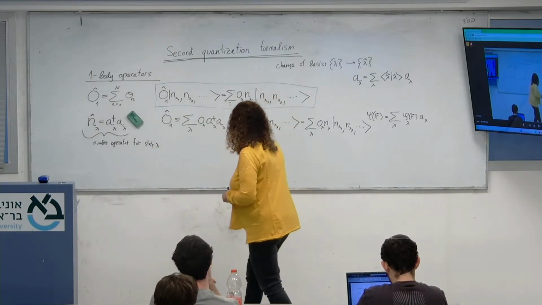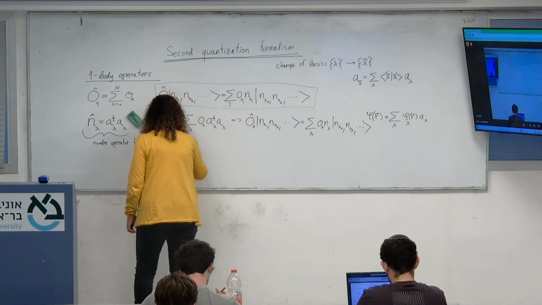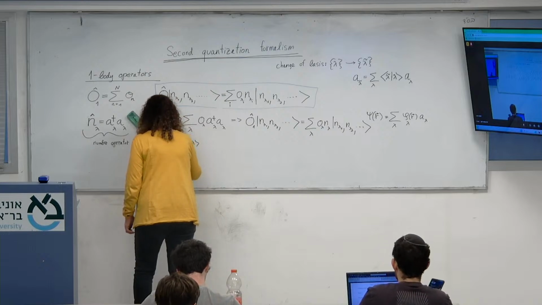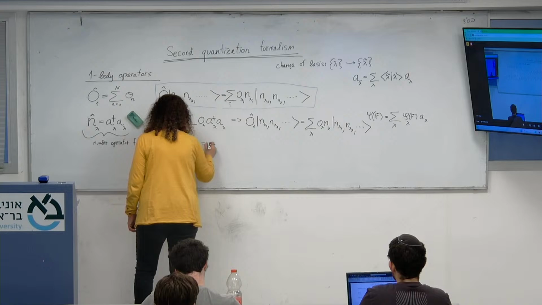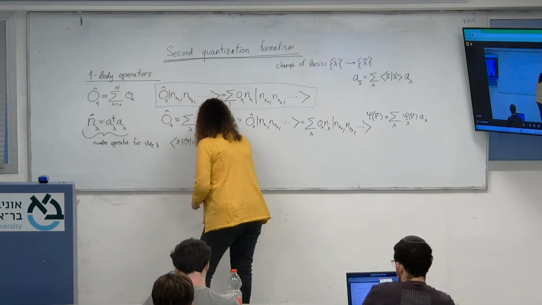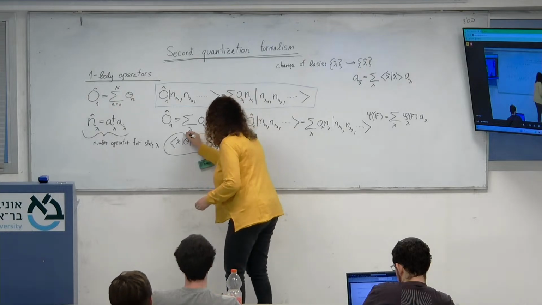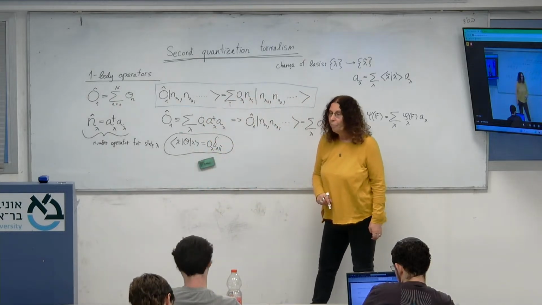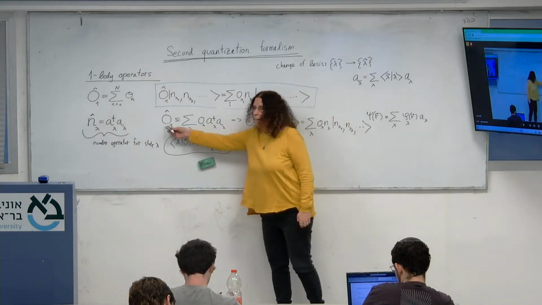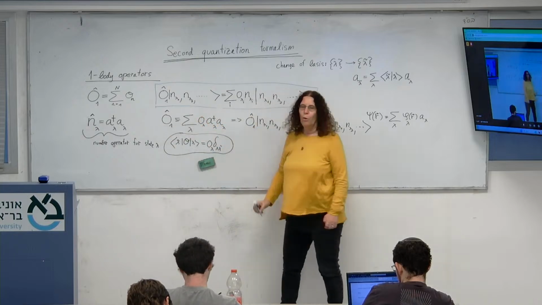Assuming that little o is diagonal in this basis, and I explicitly used this condition, then I can write the single body operator in this form.